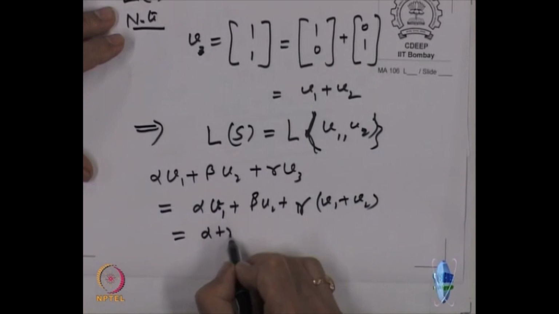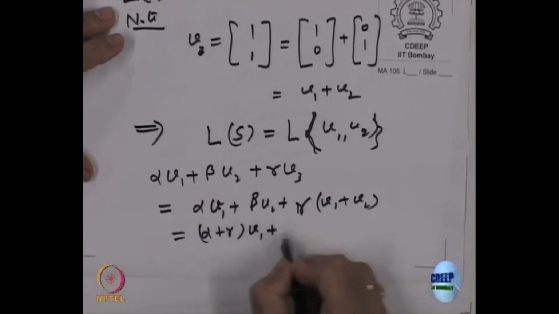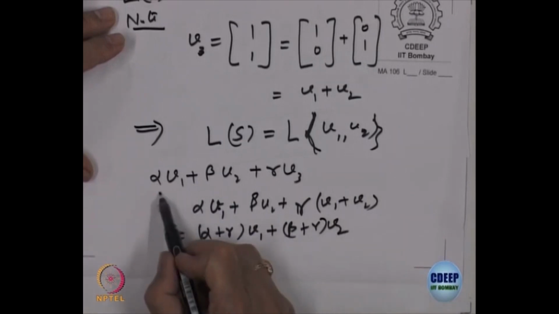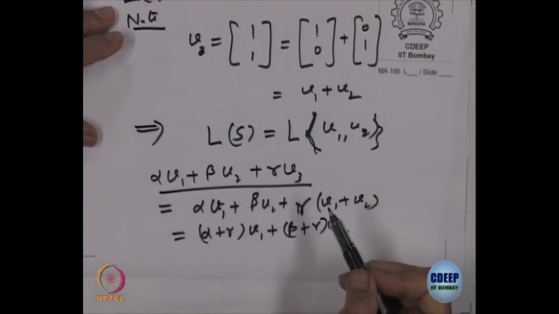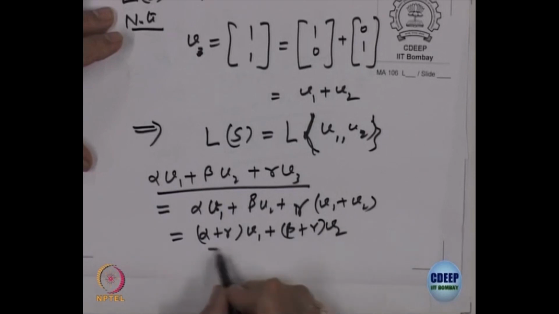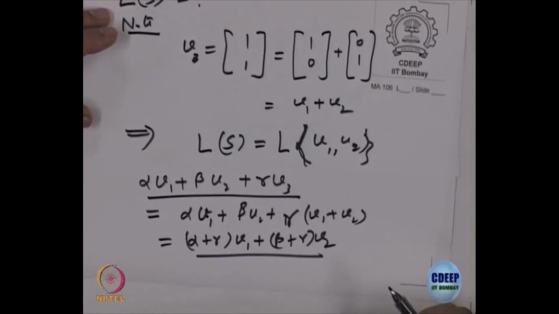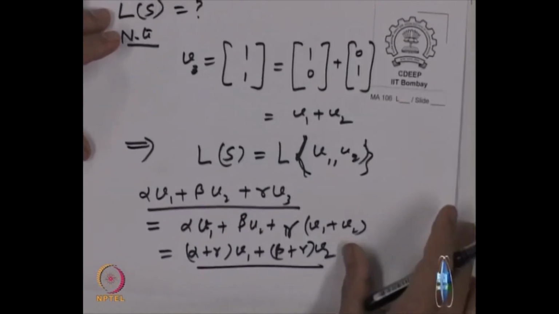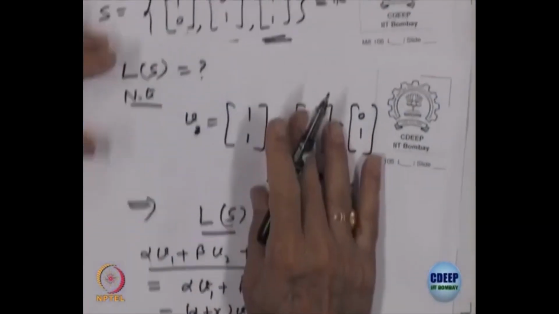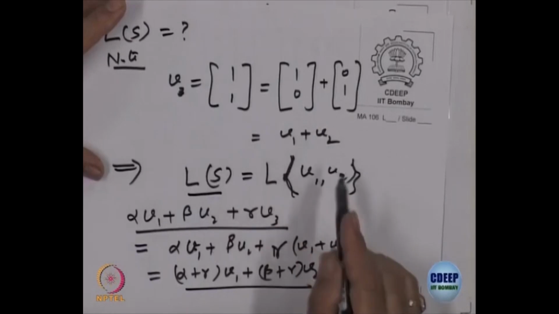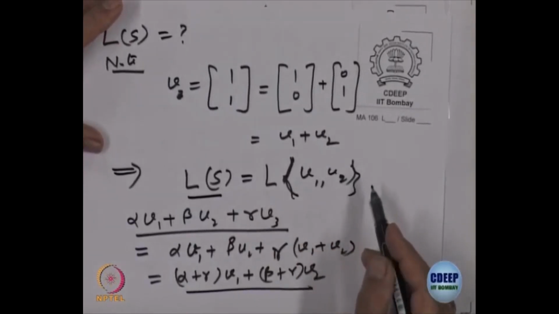It is (alpha plus gamma) V1 plus (beta plus gamma) V2. So, any linear combination of V1, V2, V3 is actually a linear combination of V1, V2 only, right. I can express it as a linear combination. So, what does that imply? That implies the linear span of S, which was V1, V2, V3, 3 vectors, is the same as the linear span of the first 2 only, right.